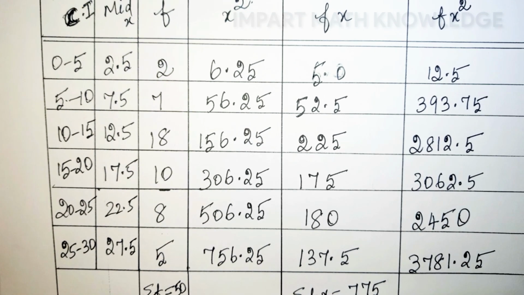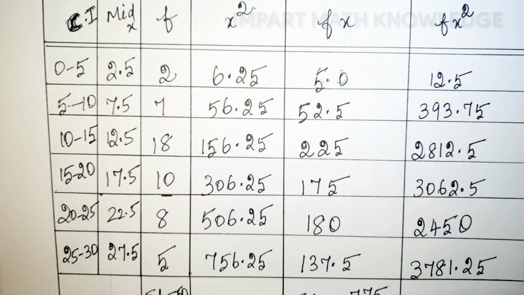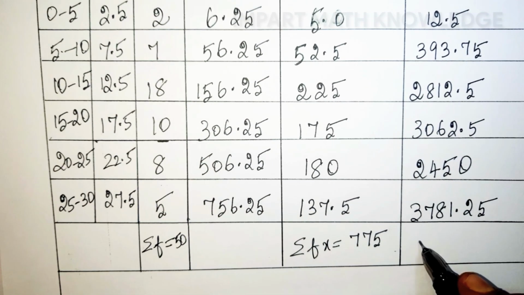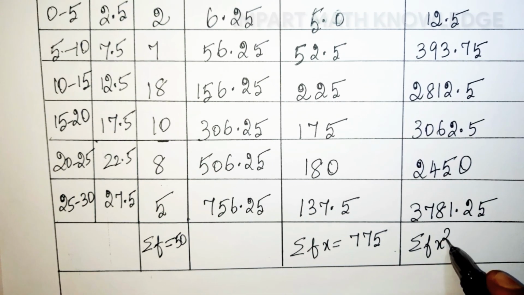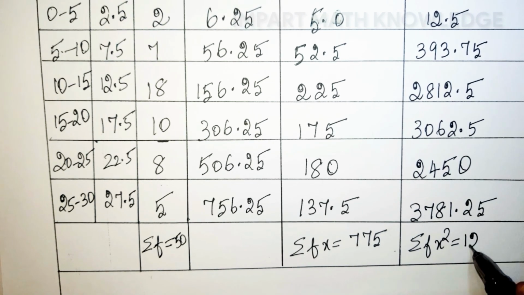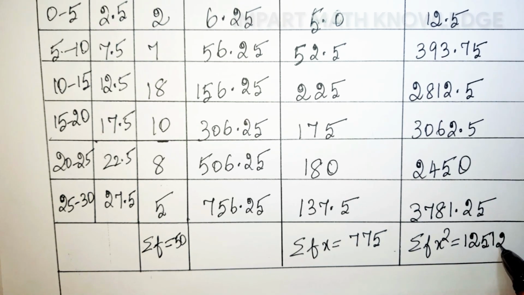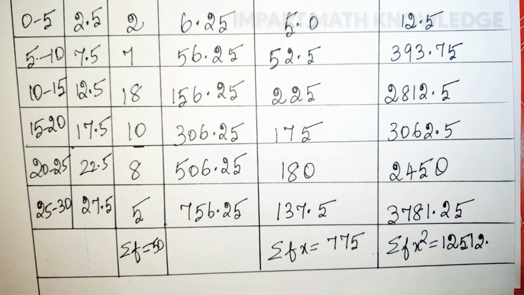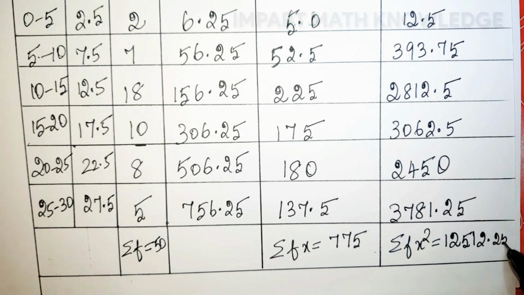After multiplying f with x square value, we have to take the total. Sigma fx square is equal to 12,512.25.